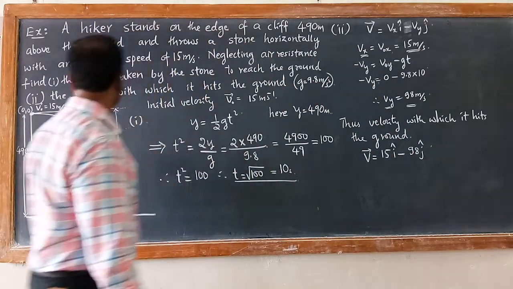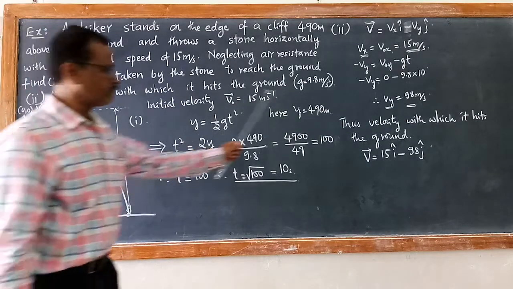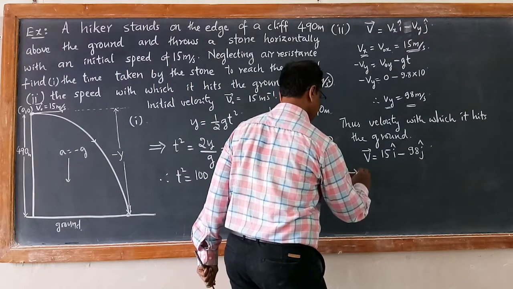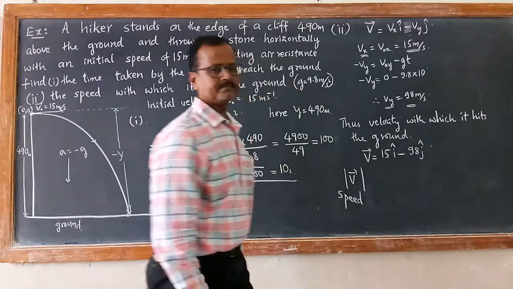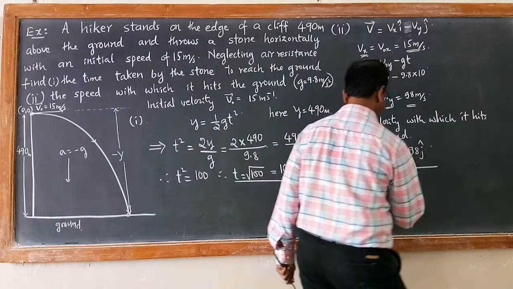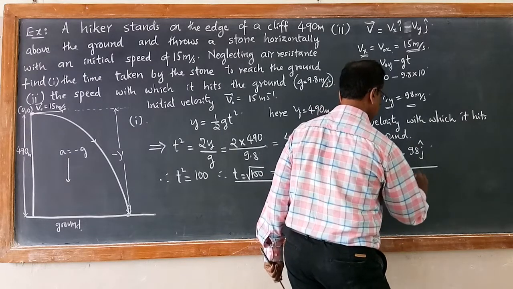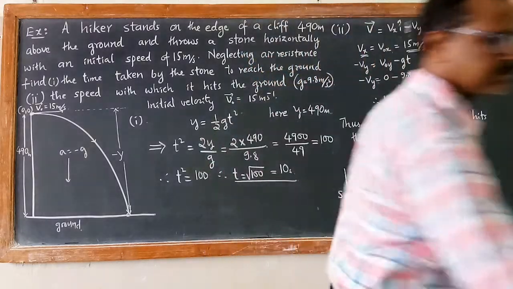But the question is to calculate the speed with which it hits the ground. So the magnitude of velocity gives us the speed. Therefore the magnitude of velocity becomes square root of Vx square plus Vy square.